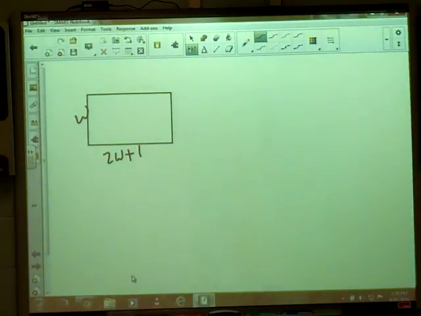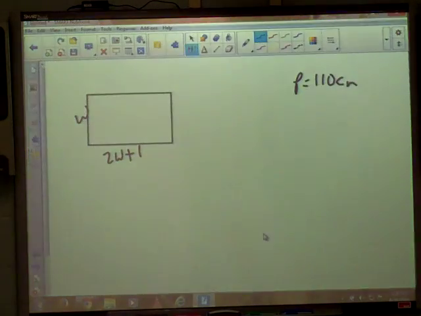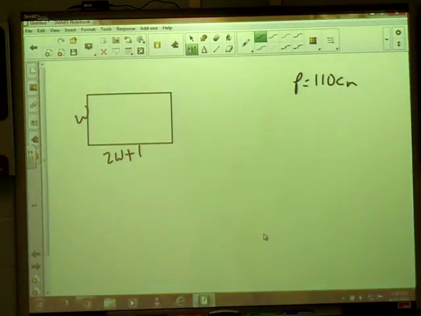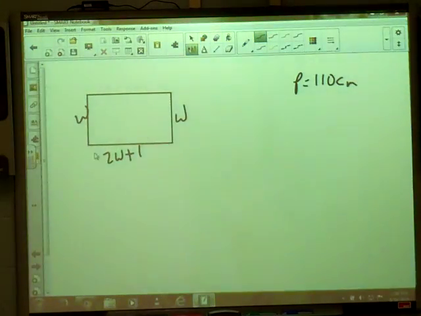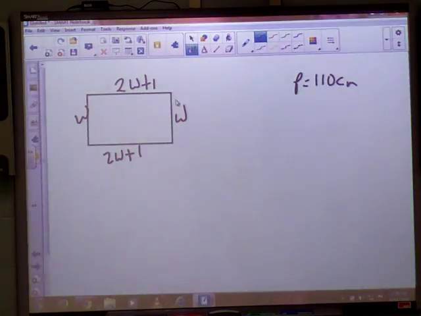Okay, then it tells me that the perimeter of the rectangle is 110 centimeters. Okay, so we got to figure out what the length and the width is now. Alright, so if this is W and I'm on a rectangle, this is also W. If this is 2W plus 1, this is also 2W plus 1. Perimeters you just add up all the way around.